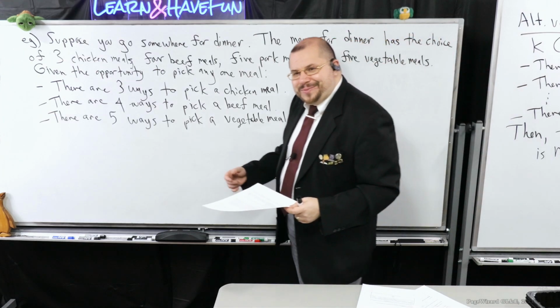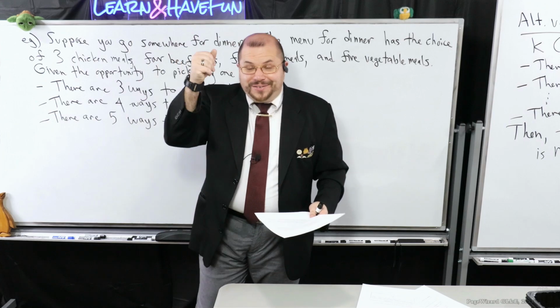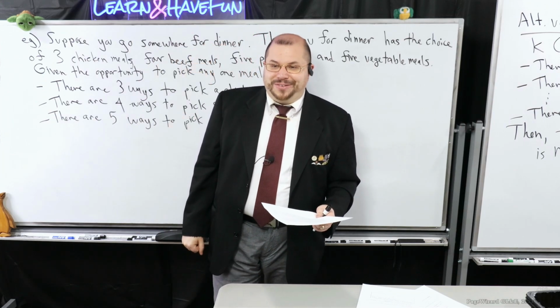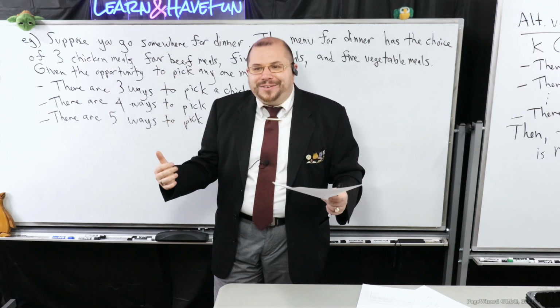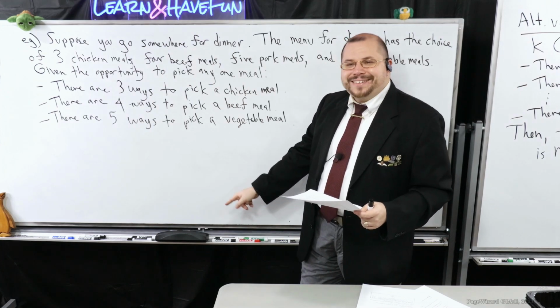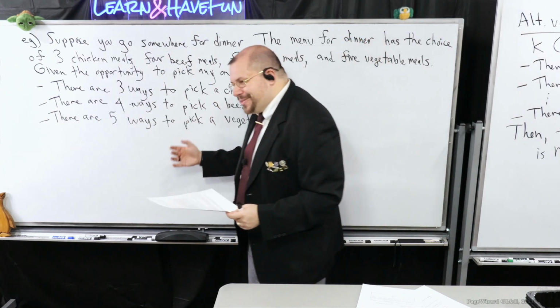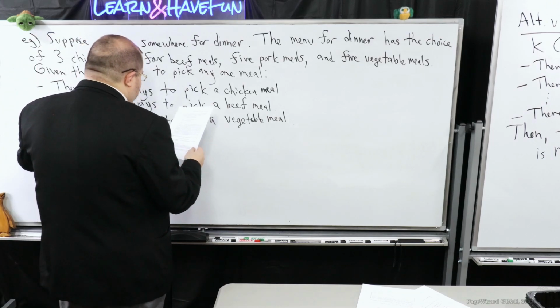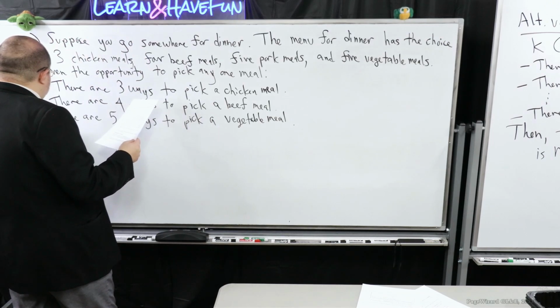Well, think of it. You have a menu in front of you. So imagine you have a menu in front of you. You only pick one of them. So how many things are on the menu that you get to pick from? It's the sum of these, right? It's the sum of them. That's exactly what the addition principle would tell you, right? Which is very intuitive.